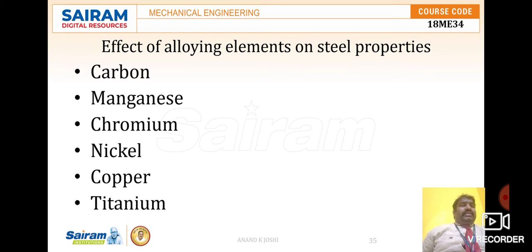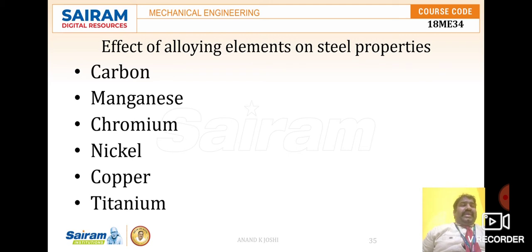However, chromium decreases machinability and the hardening temperature range unless balanced with nickel. Most nickel-chromium based alloys contain 0.5 to 1.5% chromium. When chromium addition exceeds 5%, the high temperature properties and corrosion resistance of steel are greatly improved.